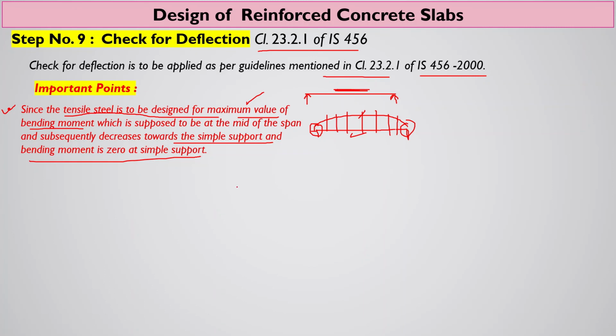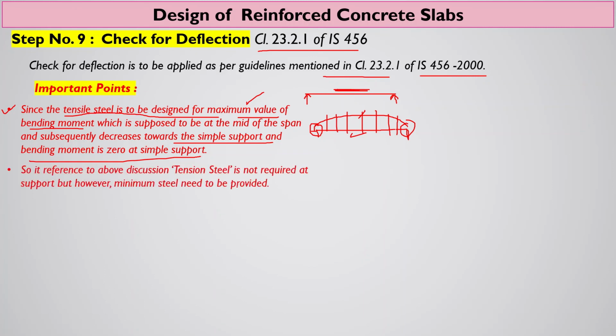So what we can do for this, in reference to this discussion, tension steel is not required at support, but still we have to provide minimum steel. So minimum steel is always required to be provided in case of slab, whether bending moment is 0 or not.